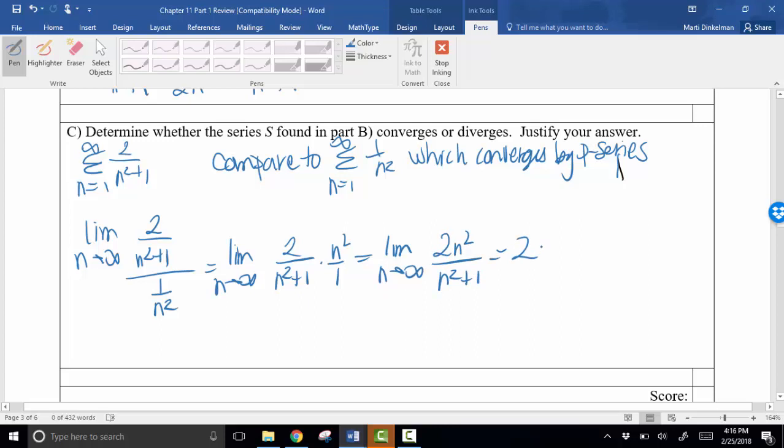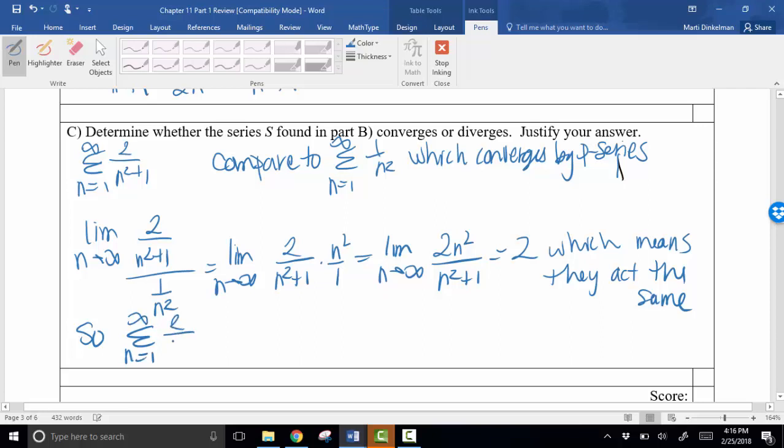Again, we're looking for a positive number here. So I'm just going to say, which means they act the same. So that series I'm interested in, 2 over n squared plus 1, converges.